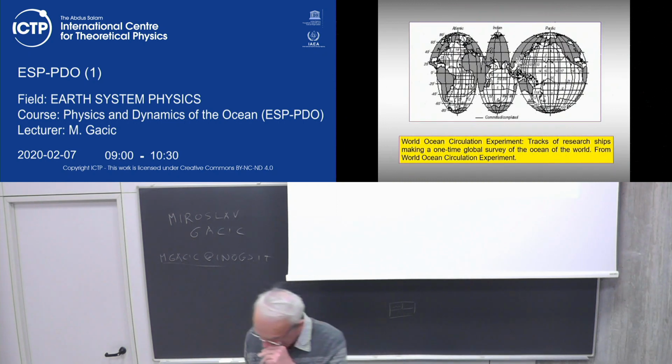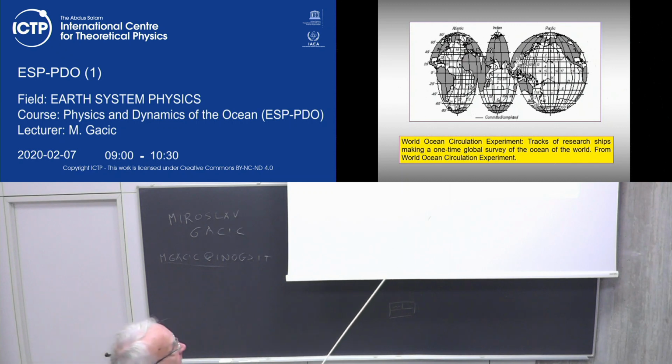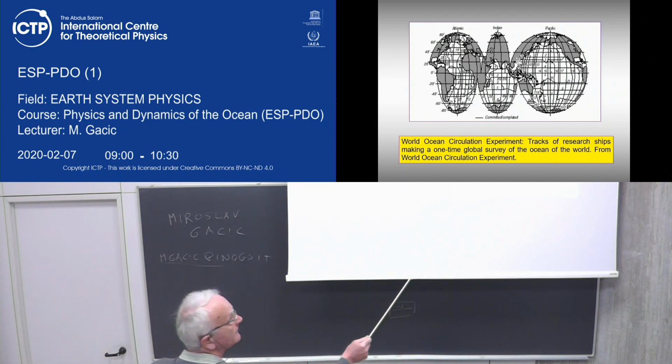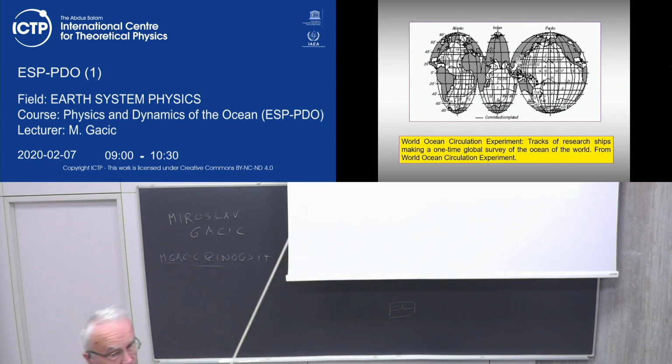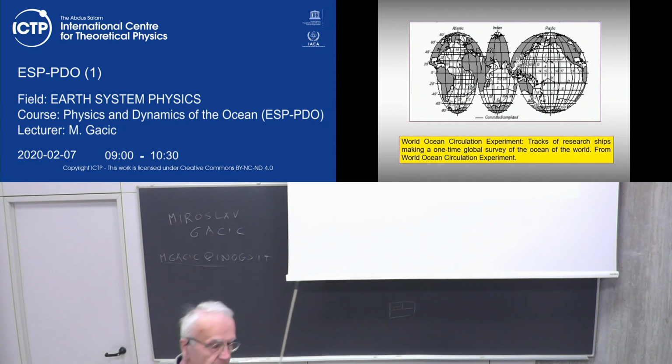There is another international program, called the World Ocean Circulation Experiment, WOCE, which combined a number of nations, and they covered the entire world ocean, because we are talking about the World Ocean Circulation Experiment. We would like to understand not only the circulation in the Atlantic, because this has been to a certain extent understood from the previous experiment, but now we extend it to all the oceans.